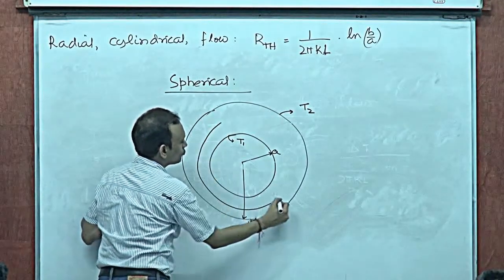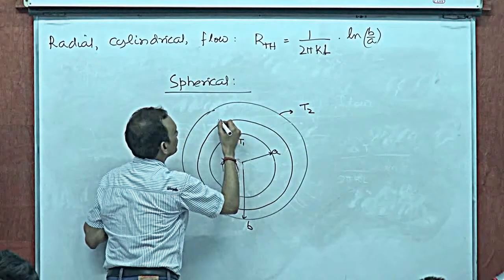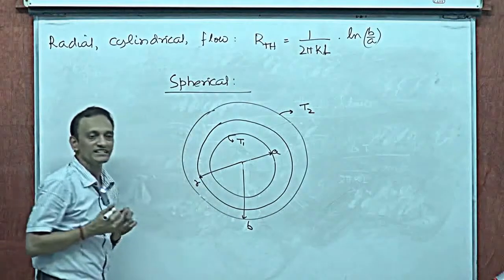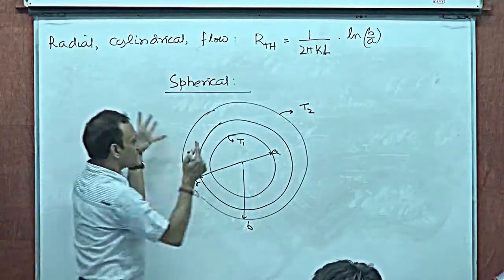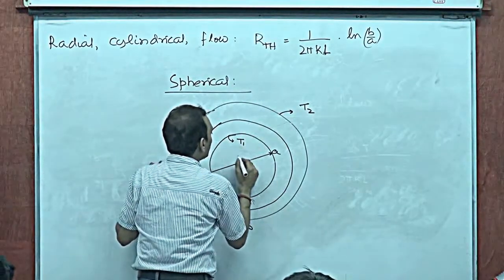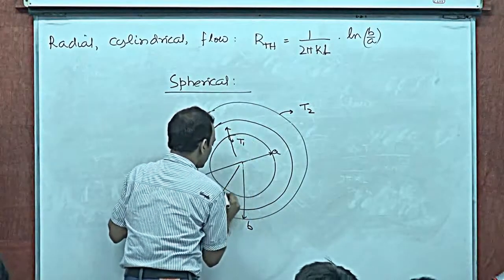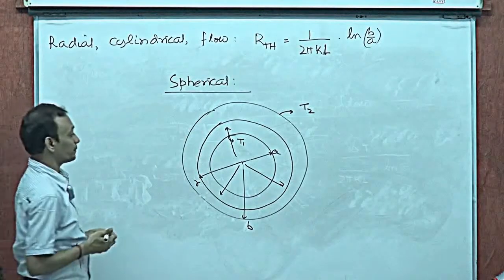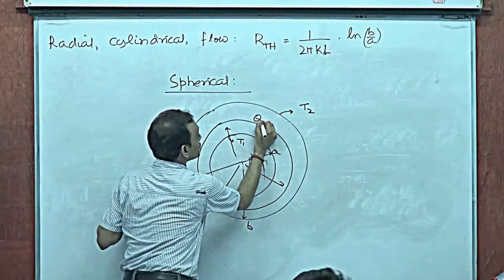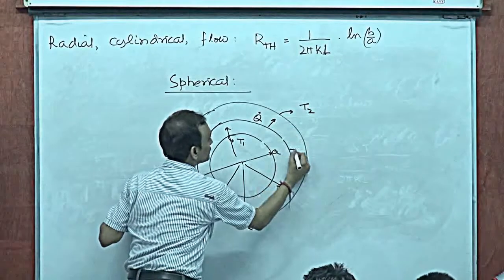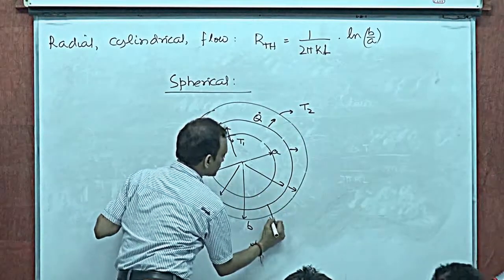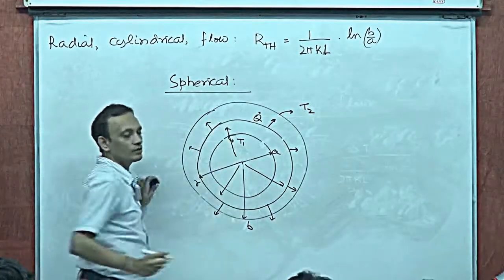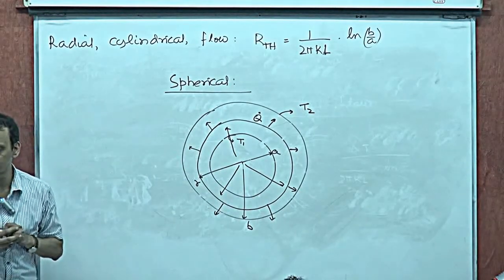During the flow, the heat current will pass through a sphere of radius R. I am talking of a radial flow of heat. So it will pass through a sphere of radius R, right? And let's say Q dot is the heat current associated with it.